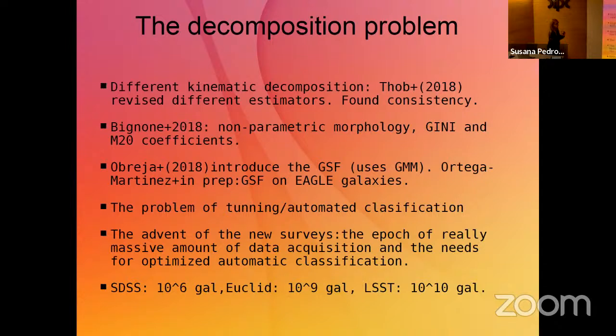The other thing I want to speak about a little before showing the results is the decomposition problem, which is an active discussion, because there are different methods for dissecting a galaxy. In a recent paper, Thob, with EAGLE, analyzed different kinematical and dynamical estimators used to decompose the galaxy, for example kappa-rot, the circularity, and the spin, and essentially found that all the estimators correlate very well, and so they are all consistent with each other.